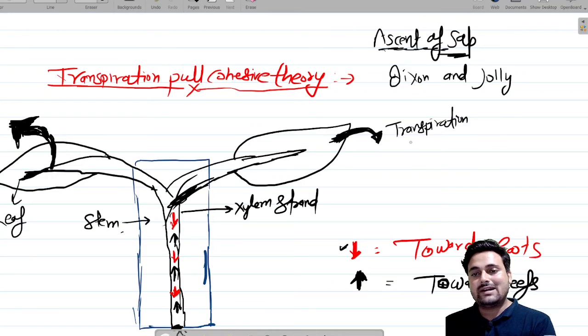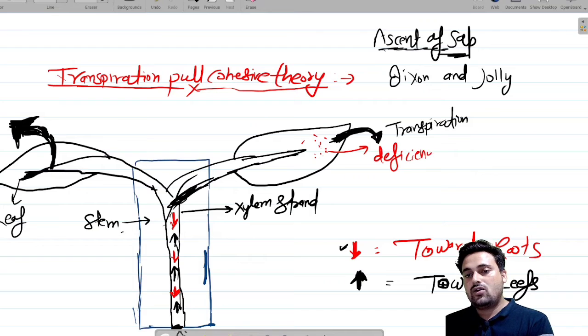Now when transpiration is going on in the leaves, water is moving out from the leaves. That's why there will be a deficiency of water here.